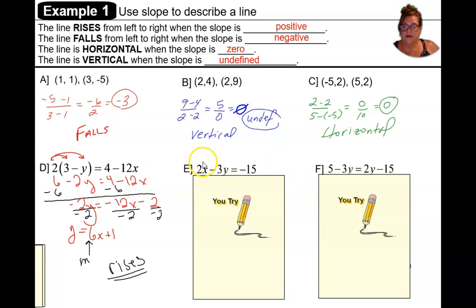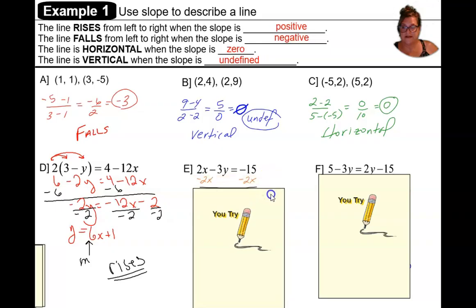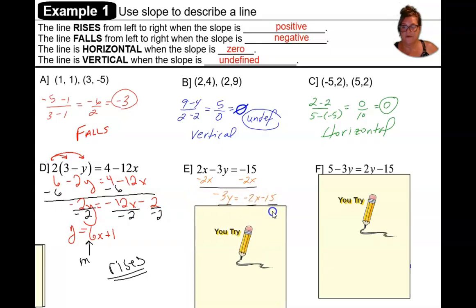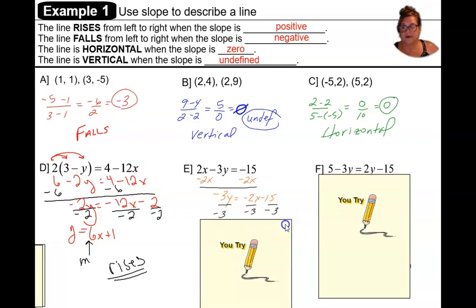So in E, we start with 2x minus 3y equals negative 15. I'm going to subtract 2x from both sides, and now I have negative 3y is equal to negative 2x minus 15. I'm going to divide all of these terms by that coefficient of negative 3.